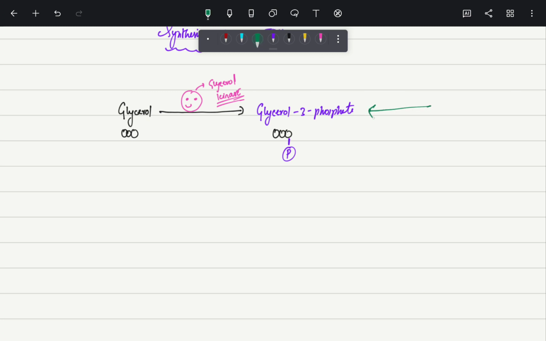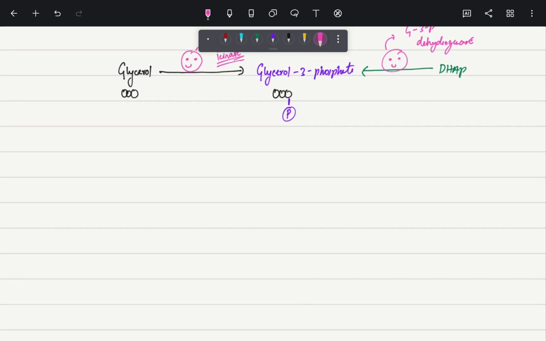So there in the muscles and the adipose tissue we have dihydroxyacetone phosphate, and this dihydroxyacetone phosphate can get converted into glycerol 3 phosphate, and the enzyme responsible here is your glycerol 3 phosphate dehydrogenase. Okay, and once the glycerol 3 phosphate is formed, it will undergo acylation.